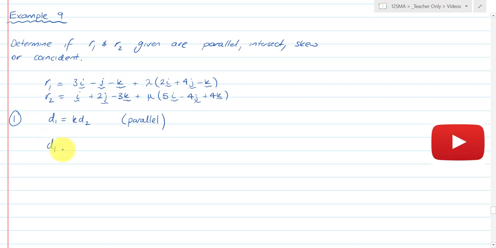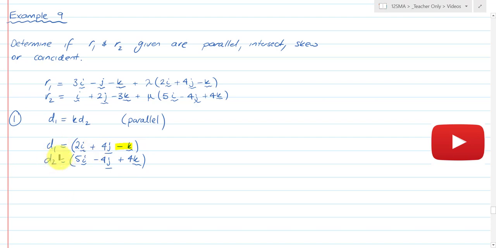So d1 is equal to 2i plus 4j minus k, and d2 is equal to 5i minus 4j plus 4k. Now, what we mean by a linear multiple is we consider, let's say k for example.